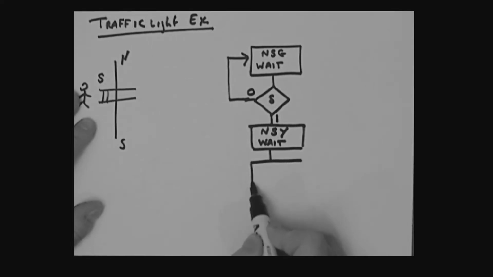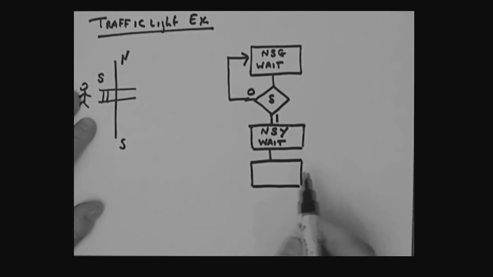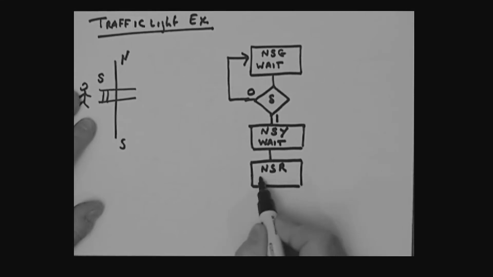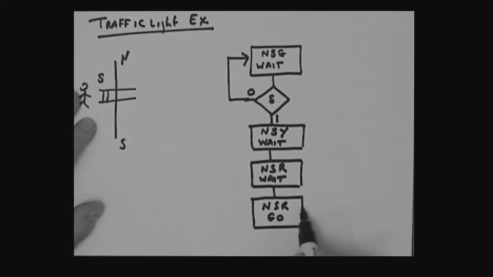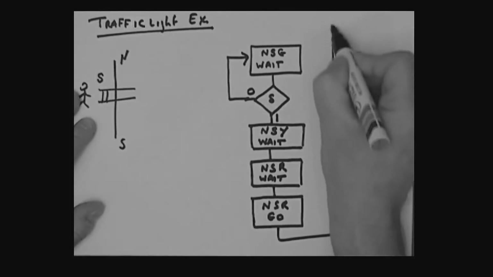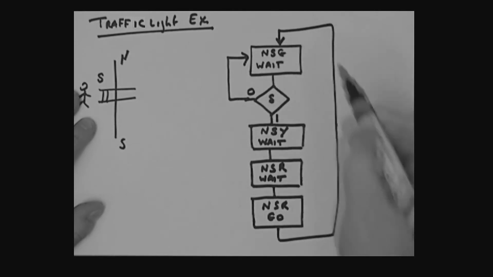In this other state, we'll have north-south going to red, and we'll still keep the people waiting at that point. And then in the next state, we'll keep north-south as red, and we'll let the people go across the road. So what will light up is a go light for the people. And then when we come out of that state, we will go back all the way to the beginning again.